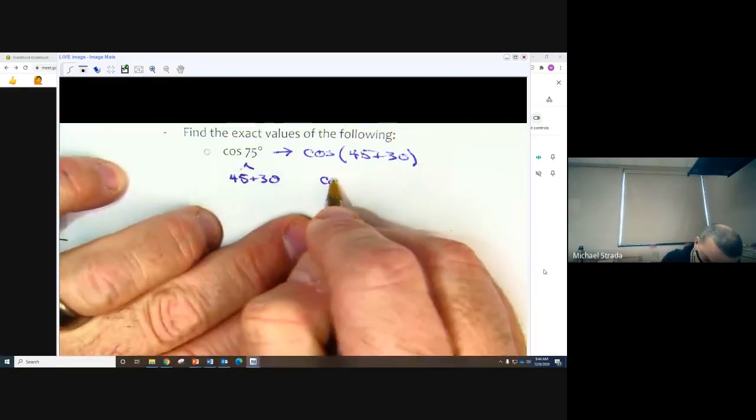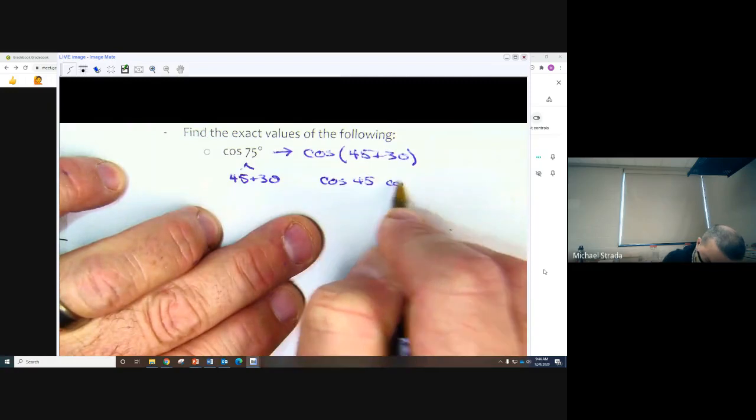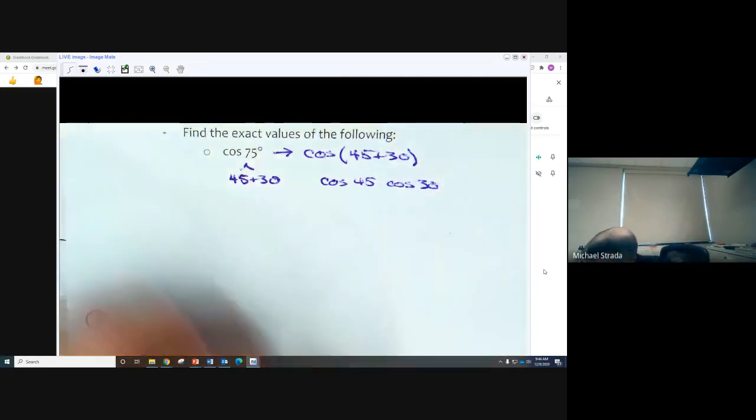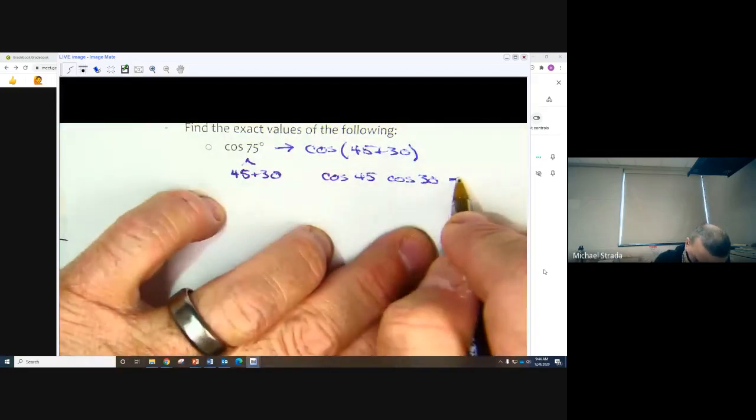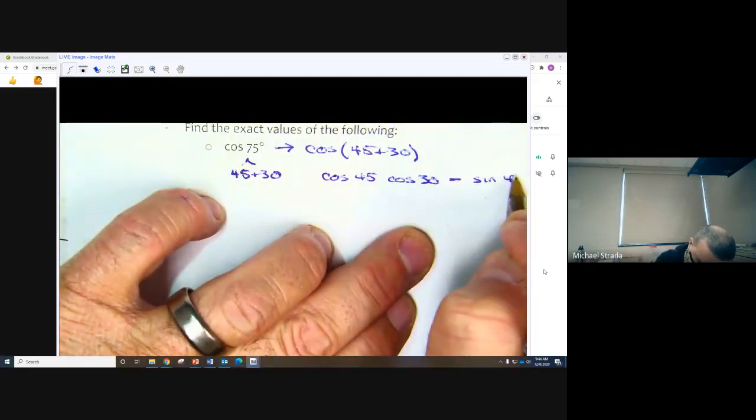That'd be cosine 45, cosine 30. And then it says to do the opposite. So minus sine 45, sine 30.